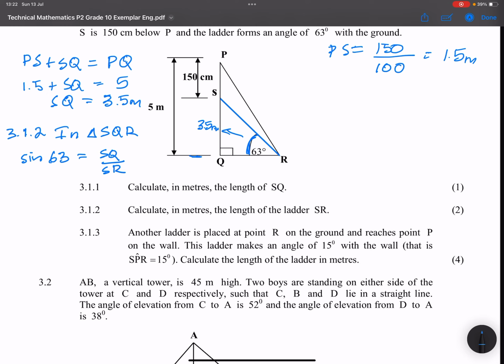Okay, and I'm going to just complete it over that side.